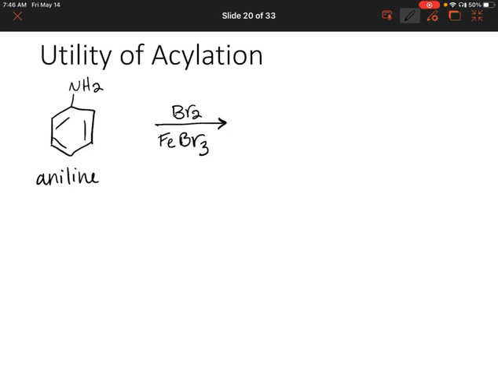Now, if we just add bromine with our catalyst, iron tribromide, where do you think bromine would add on the ring? Or another question to ask is, are amino groups electron donating or electron withdrawing? So will they be ortho-para-directors or meta-directors?